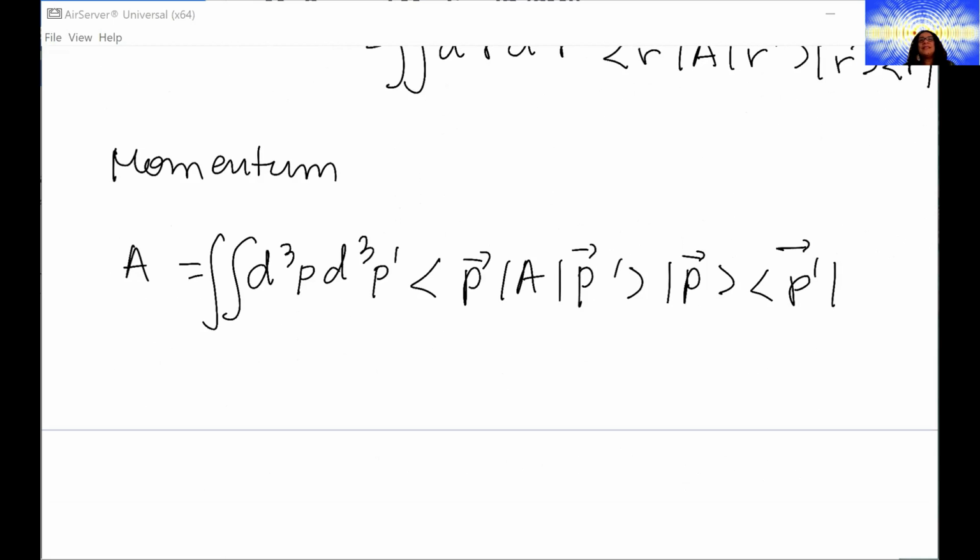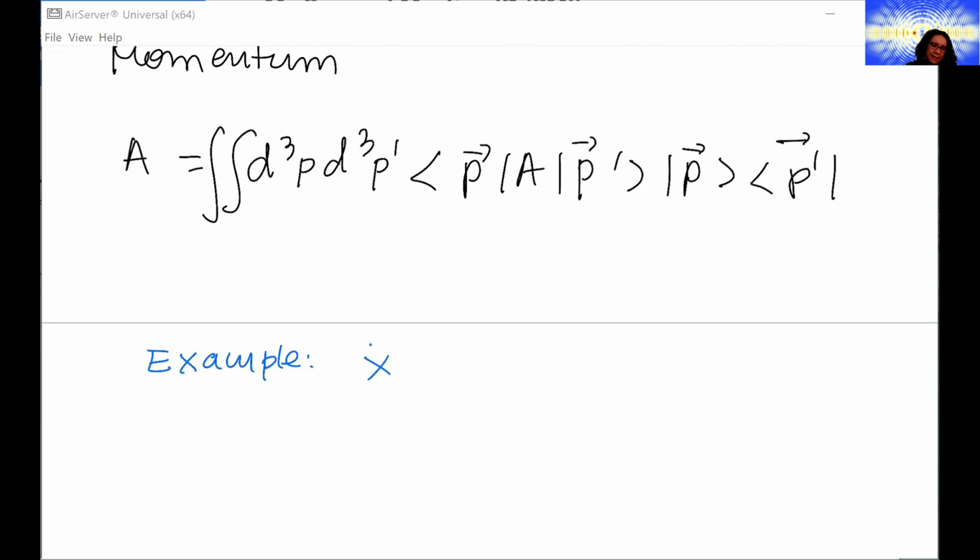Also, this means let's make an example. Let's have a look at how specific operators behave in this position space. So example, let us consider the X operator.